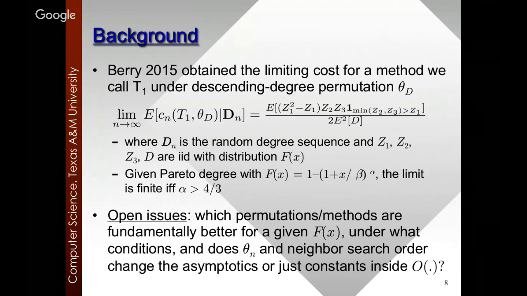So the open issues are still which permutations or methods, like neighbor traversing patterns, are fundamentally better for a given degree distribution, and under what conditions. And the most important problem is: does the permutation and a specific traversing pattern improve the asymptotics of the big O notation, or just some constant inside the big O notation?